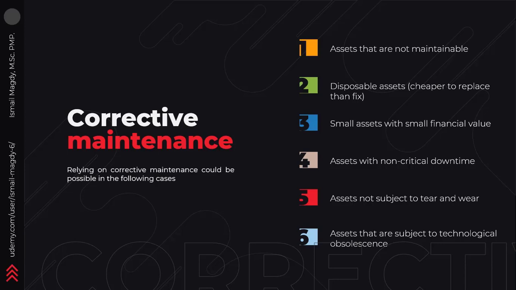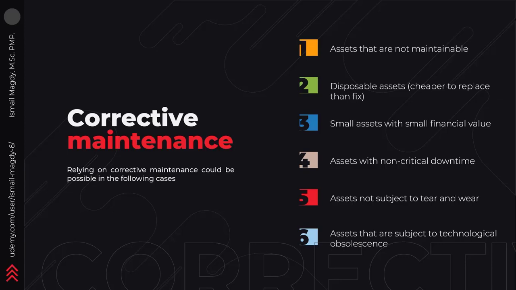Non-critical assets, which are the assets that have no effect on the overall production process and could be replaced or repaired only when needed. Also, assets that are not subject to wear and tear, because in this case, time-based maintenance would be irrelevant. And finally, assets that are subject to technological obsolescence, and those are the assets that are expected to be outdated in the short term due to new technologies, which will force replacing them anyway.